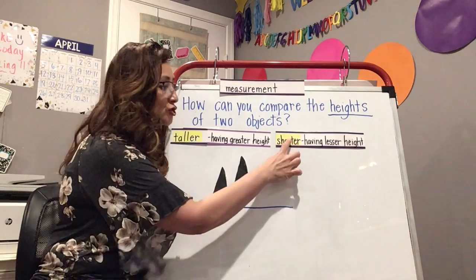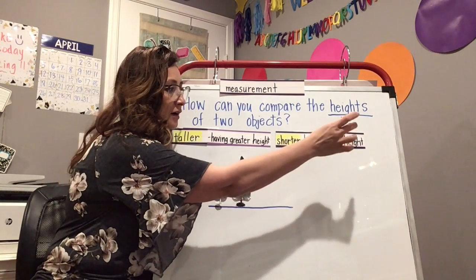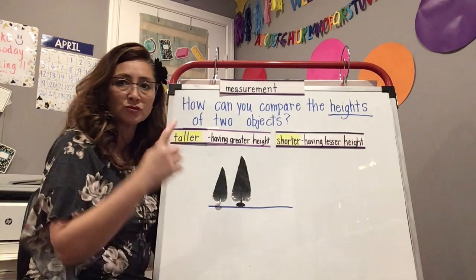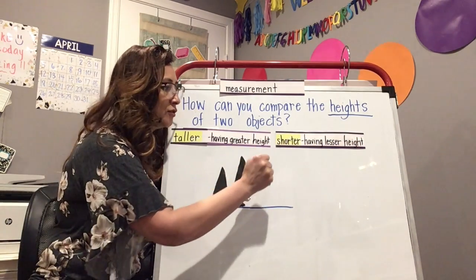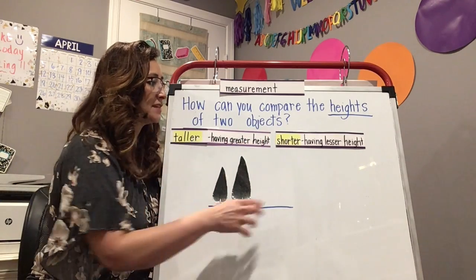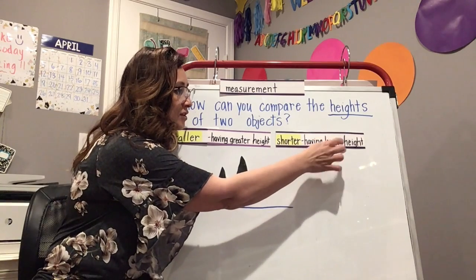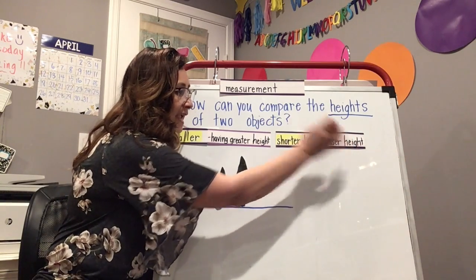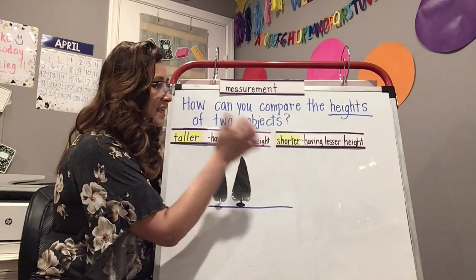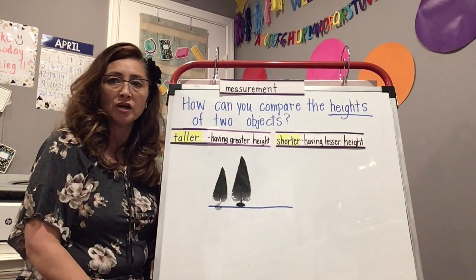Now remember, shorter can also mean having lesser length, because we learned that in yesterday's lesson. But in this case, right now, we're talking about height, and we're going to use that same word, shorter.